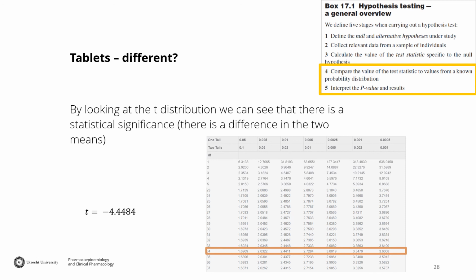So here we can see our p-value for a two-tailed one, so the difference can be both higher and lower, and not just one way.